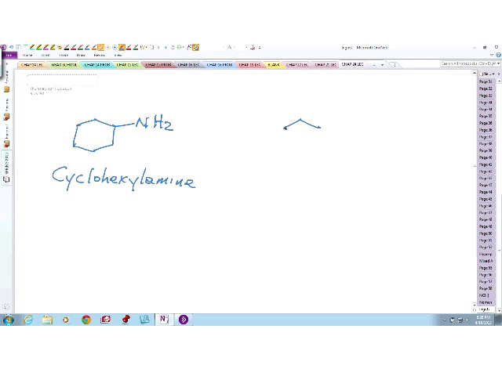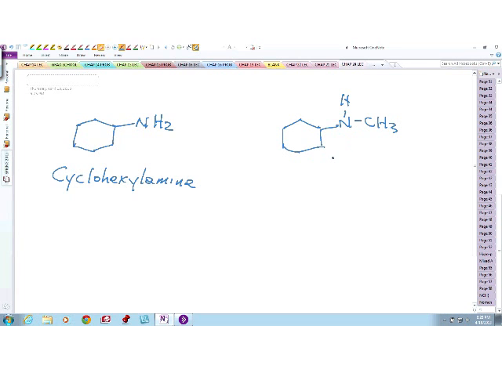Now supposing I have this secondary amine right here. In this case, of course, you look for the longest carbon chain that is attached to the nitrogen atom.